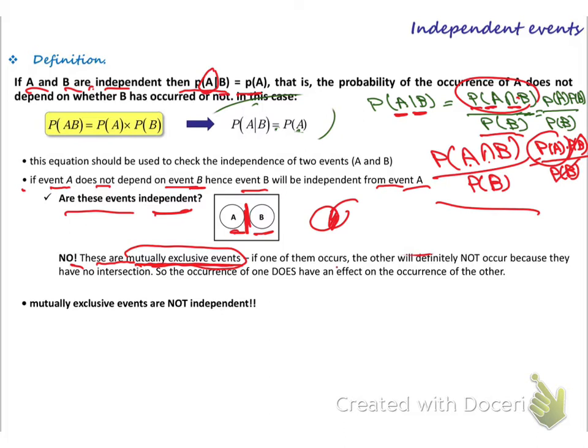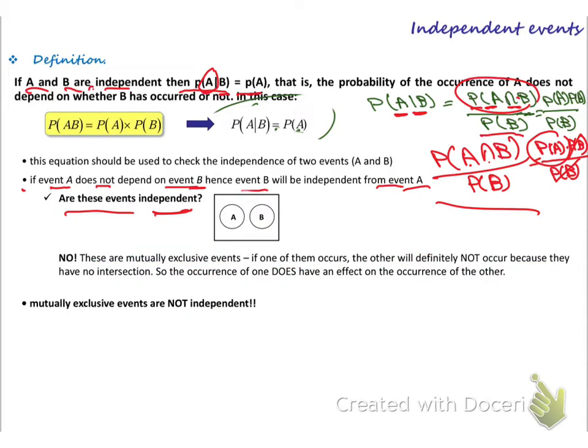If one of them occurs, the other one will definitely not occur, because they don't have an intersection. So the occurrence of one has an effect on the occurrence of the other one. Mutually exclusive events are not independent.